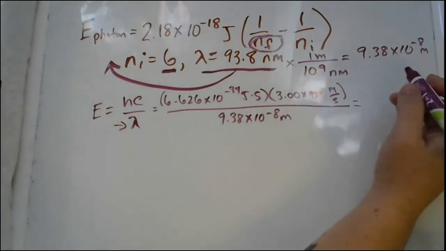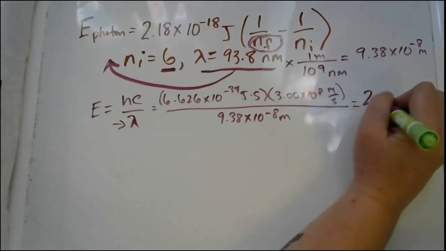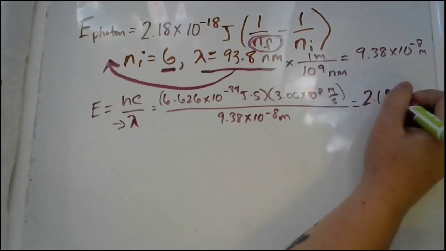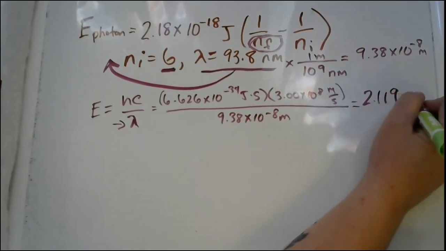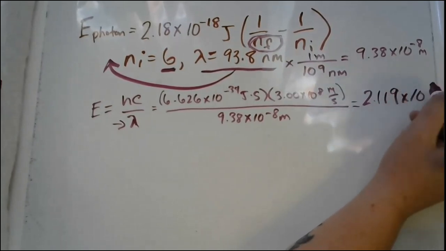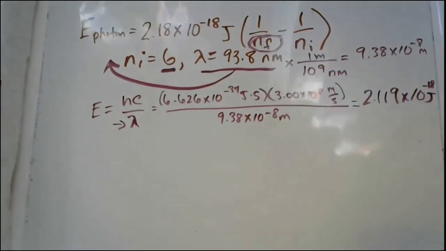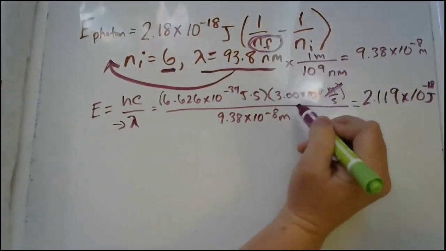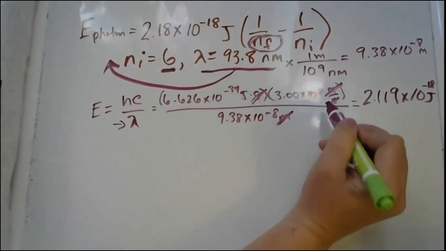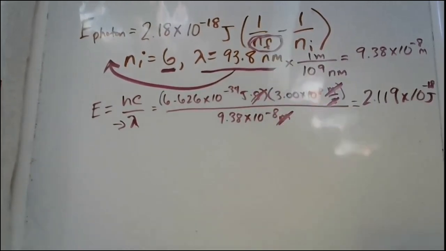And I get 2.119 times 10 to the negative 18 joules. So that's my energy value.